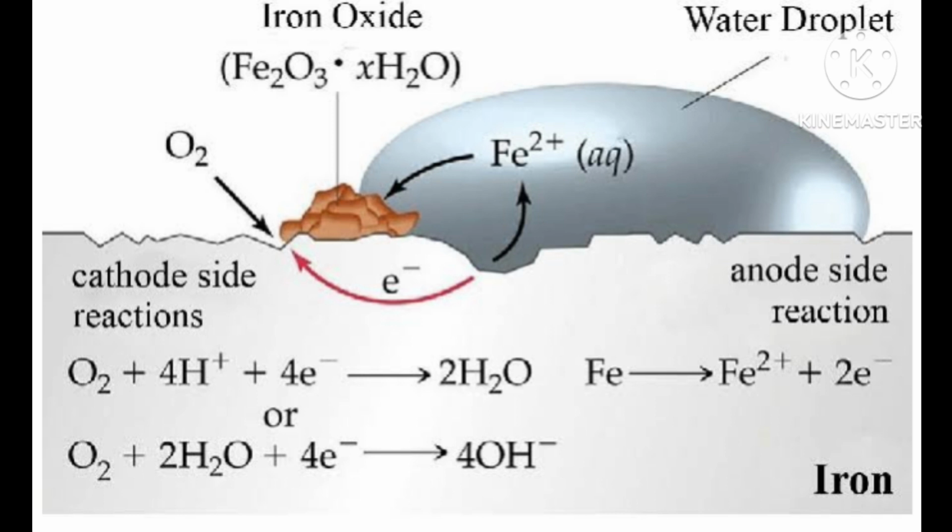This can be done by covering the surface with paint or by some chemicals. As for example, bisphenol. Bisphenol is a chemical. If you put a layer of bisphenol on the surface of metal, then it can keep distance. Means the atmosphere can't come in contact with the metal.